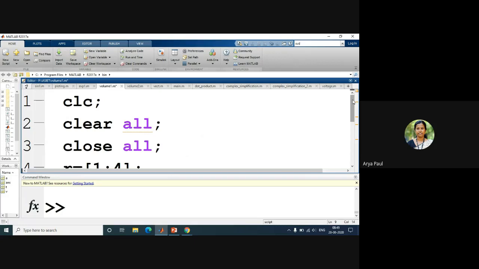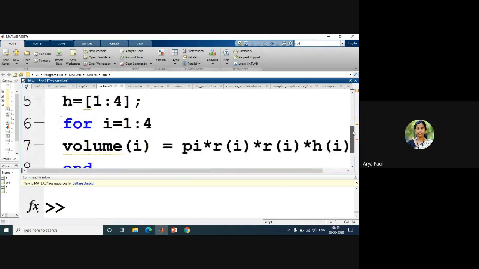By means of a loop we can iterate things. Here is one example of a simple loop implementation: finding the volume. Suppose we want to find the volume of 1,000 cylinders. What should you do? You need to put it inside a loop. The first thing that comes to mind is to implement a loop because we need to find the volume of 1,000 cylinders.